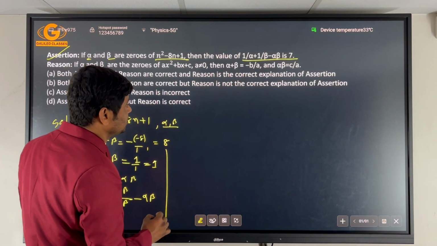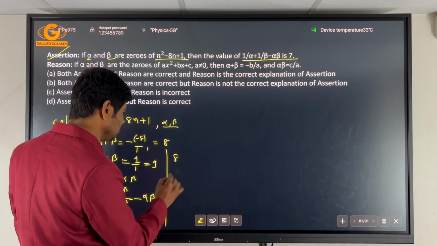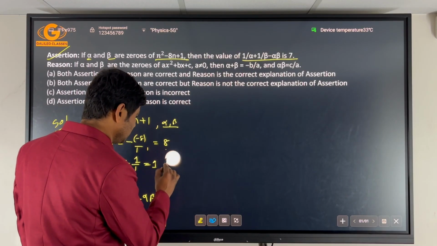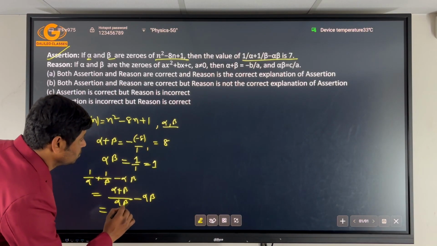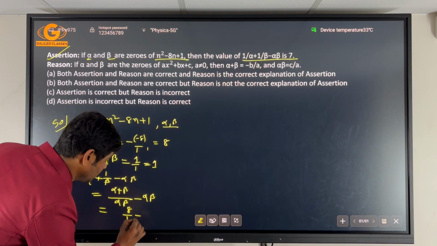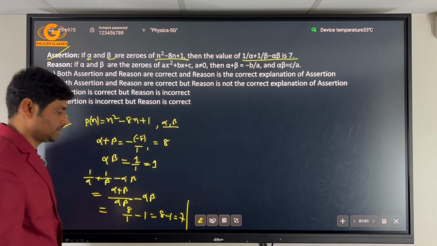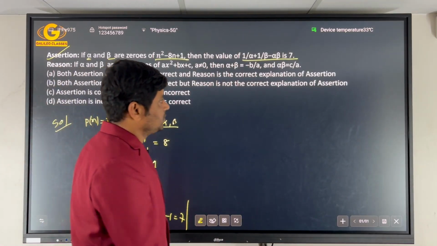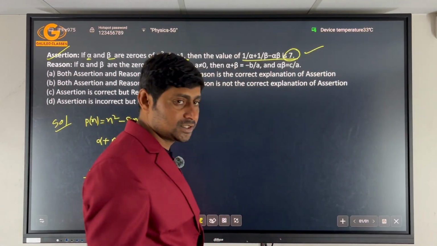Alpha plus beta is equal to 8 and alpha into beta is 1. So it is 8 by 1 minus 1, therefore 8 minus 1 is equal to 7. That means the value of this is also 7, therefore the assertion is correct.